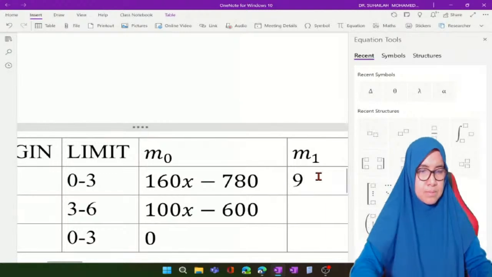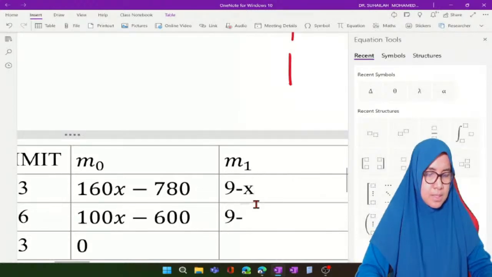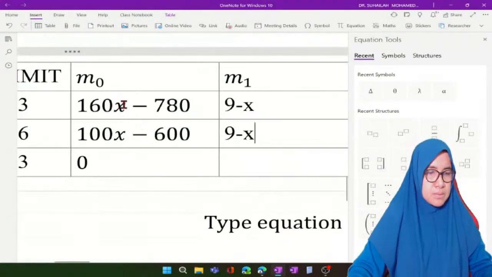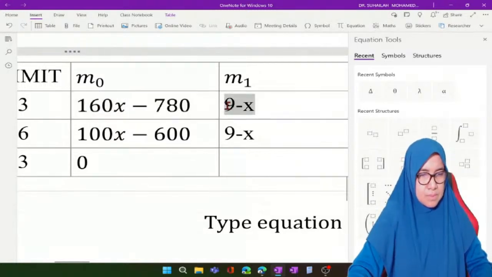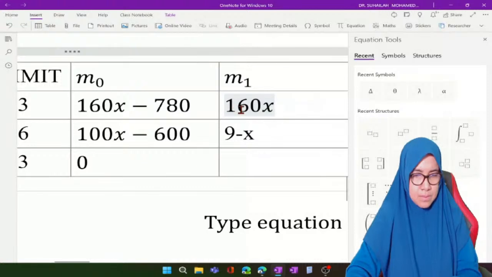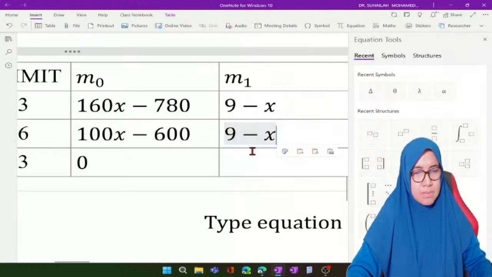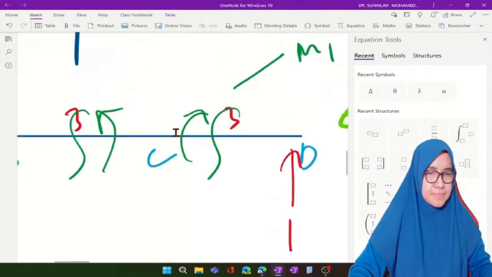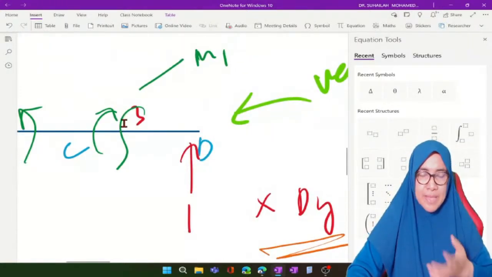9 minus x. And this one, it is x. M1 times x is equal to 0.